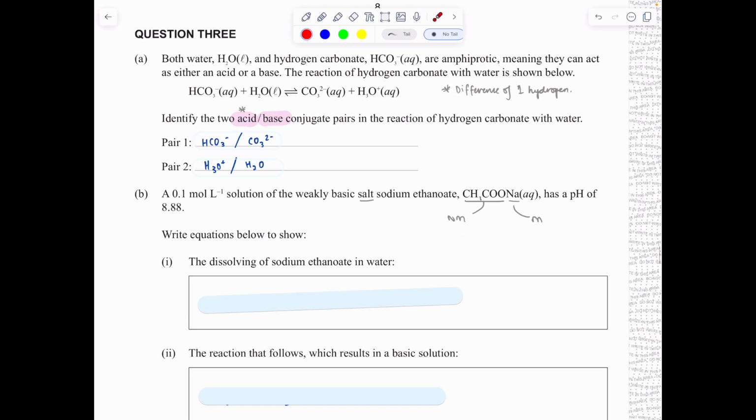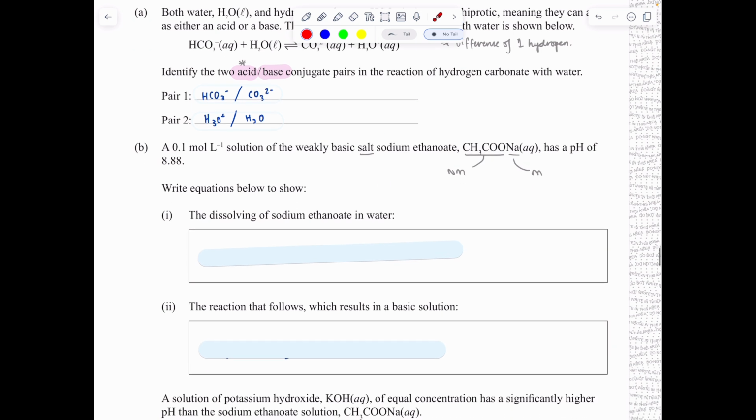B. A 0.1 mole per litre solution of the weakly basic salt, sodium ethanoate, has a pH of 8.88. We know that this is going to be a basic salt because it's got a metal component and a non-metal component, and it's a weak basic salt, sodium ethanoate. Write the equations below to show the dissolving of sodium ethanoate in water.